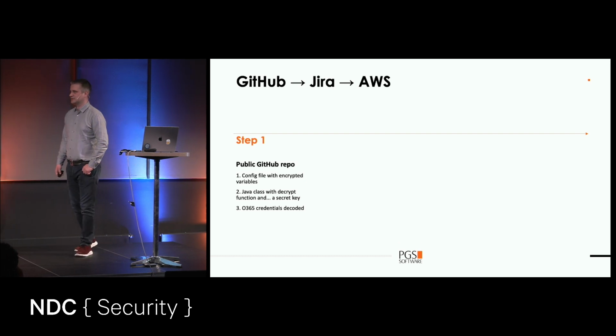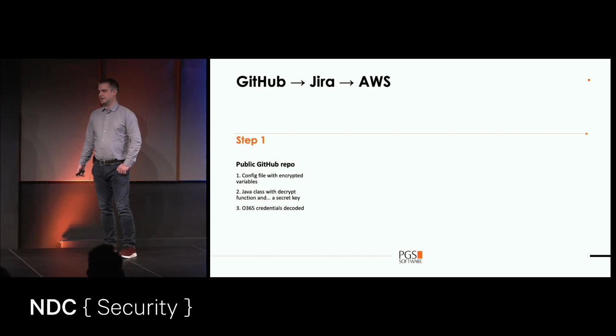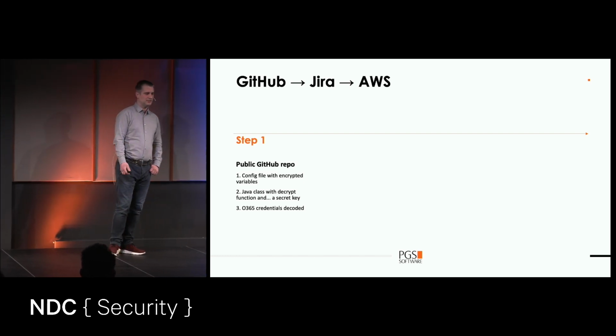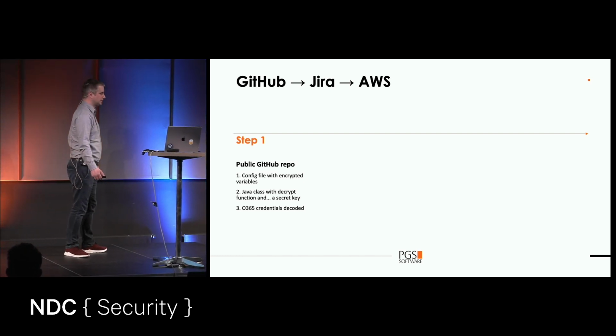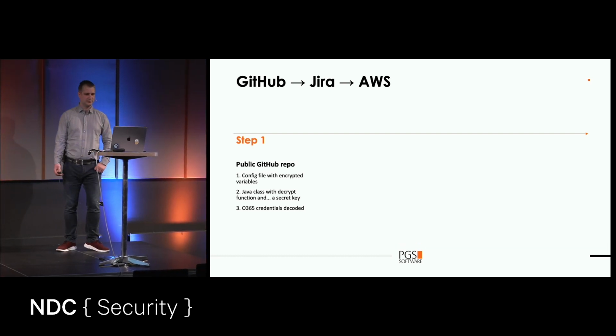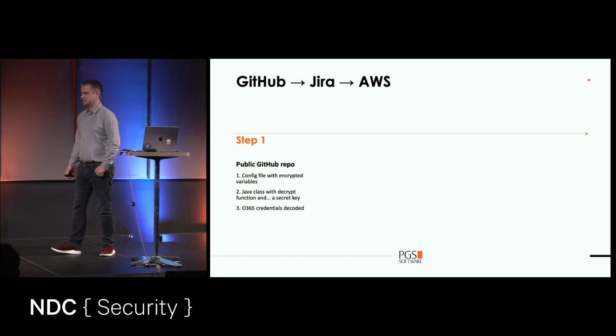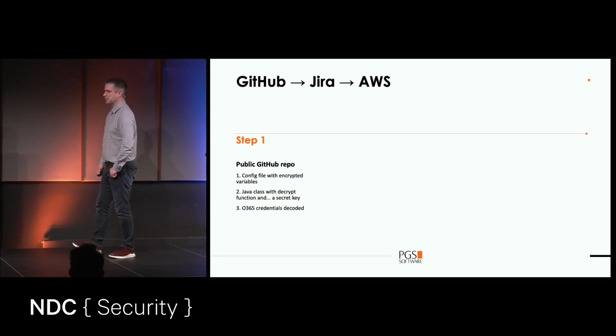But let's make it a bit more interesting. So for this scenario, I found a repository with interesting variable names, but the values for these variables were encrypted. Wow, someone used encryption in their hard-coded credentials in the file in the repository. Okay. So I decided to dig deeper into that repository to find a way to decrypt them.